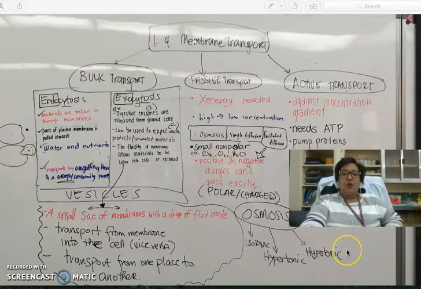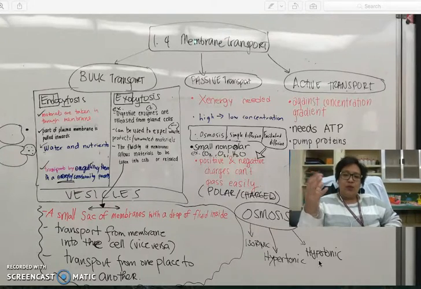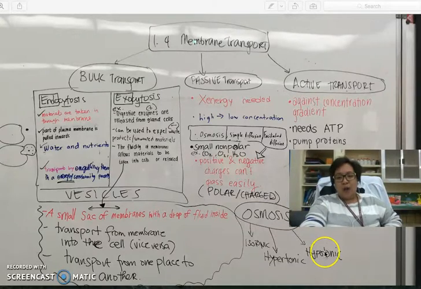How about a hypotonic solution? Hypo means less. So if you put your cell in a solution with less solute concentration, the water from the outside of the cell will move into the cell, and the cell will slowly and eventually swell and burst. So how is this relevant in biology?